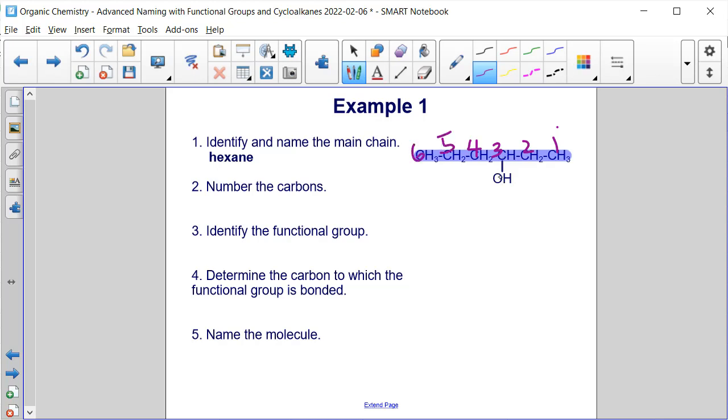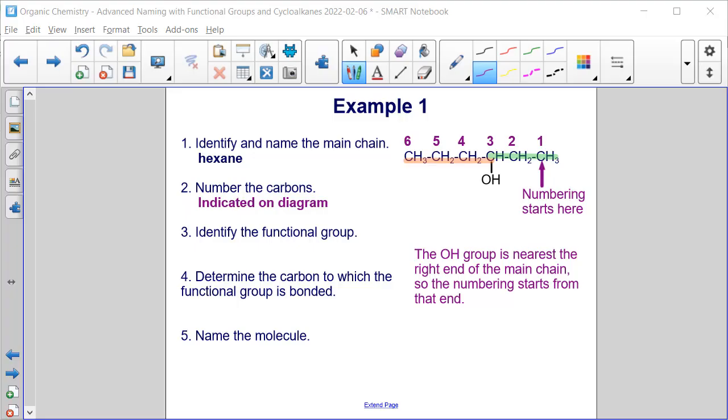So the OH group is coming off of carbon 3. If we had started on the other end, we would be on carbon 4. So we have to start at the end closest to the OH group. Just to summarize, I indicated the numbering on the diagram, and the numbering starts on the right-hand side in this case because the OH group is nearest the right end of the main chain.